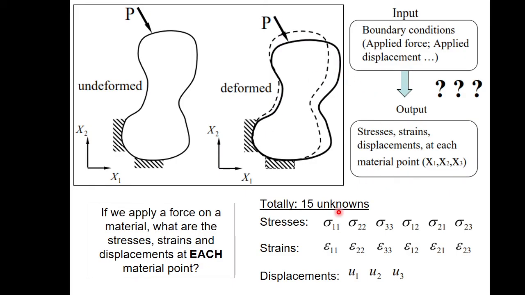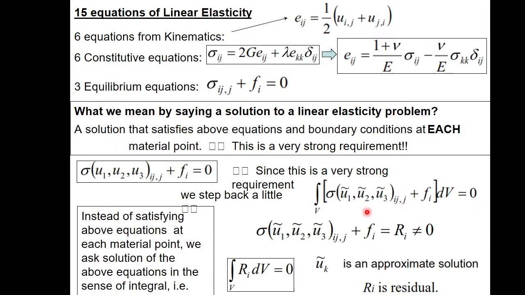So the problem formulation part we have already discussed, that part you know. And then when we have a governing equation, what is the form of that governing equation? We had 15 unknowns, 15 equations, and ultimately we have reduced it into 3 equations involving 3 unknowns, right?